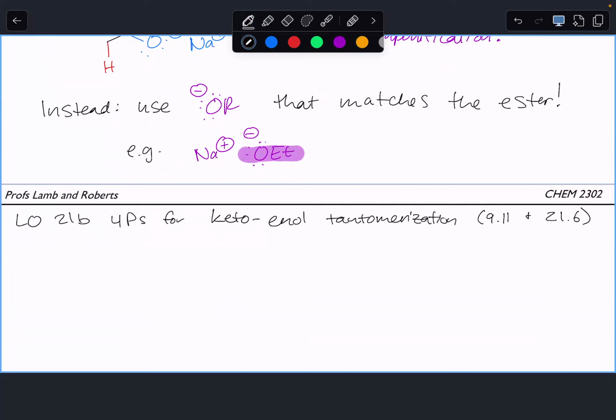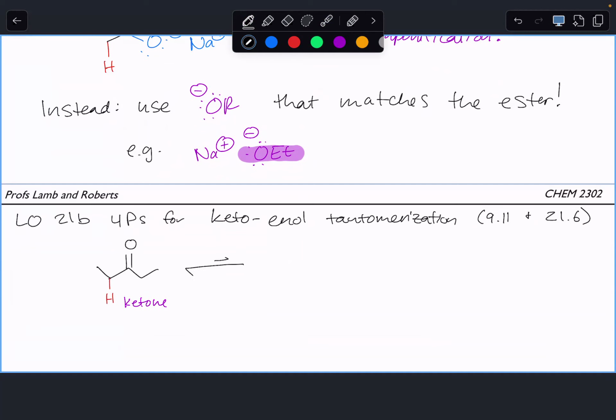Our keto form is the one we normally see, something like this. It could be an aldehyde as well, but people call it keto-enol tautomerization. So, ketone. There's going to be some equilibrium.